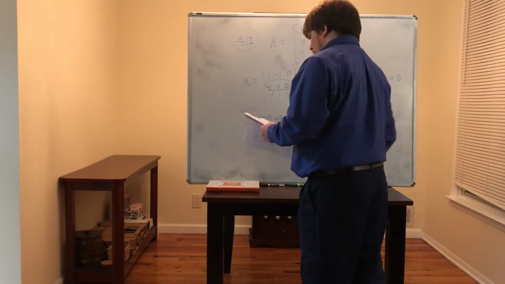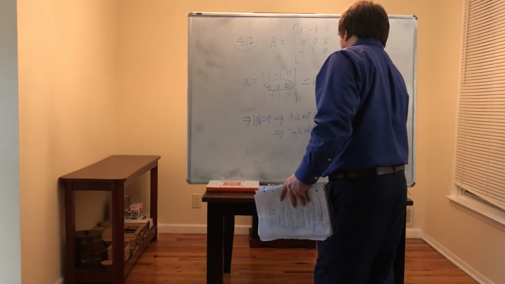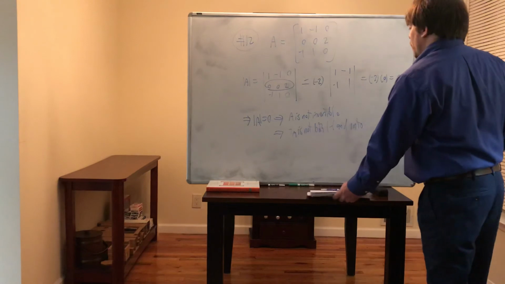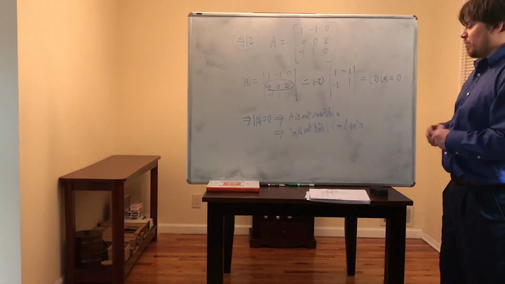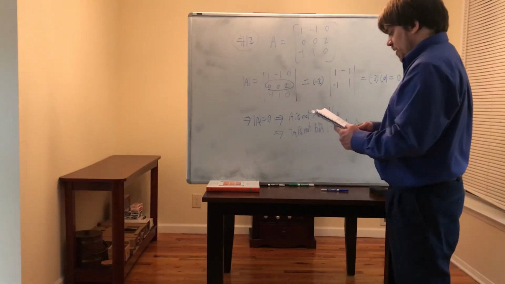But when A is not invertible, that implies T sub A is not both 1-to-1 and onto. If T sub A was both 1-to-1 and onto, then it would be invertible. But because A is not invertible, T sub A is not both 1-to-1 and onto.